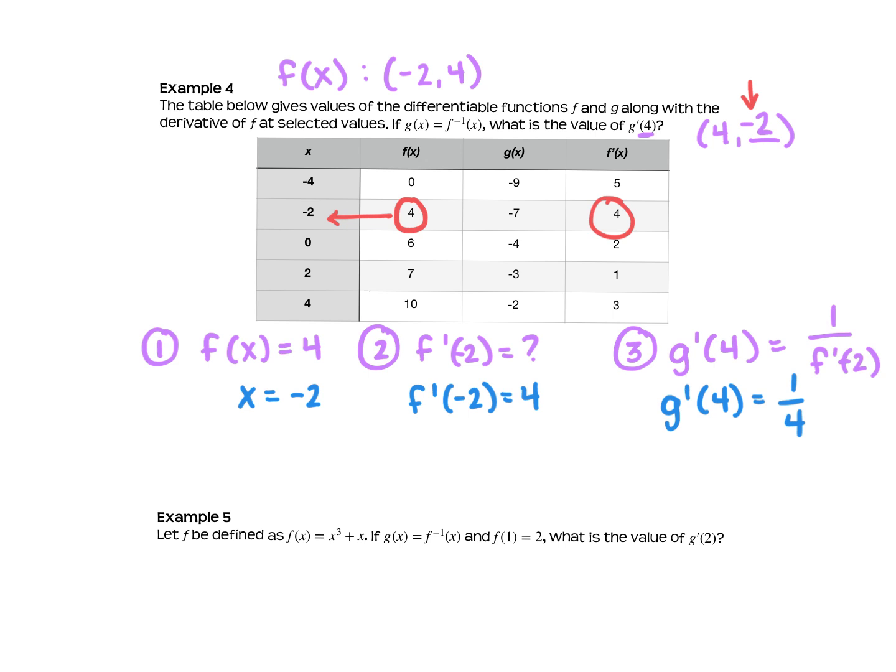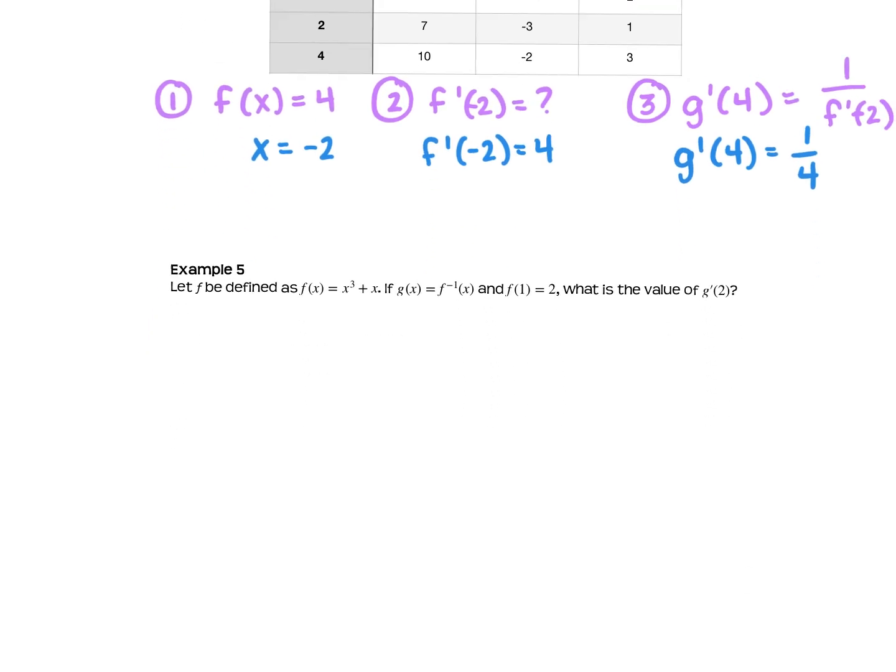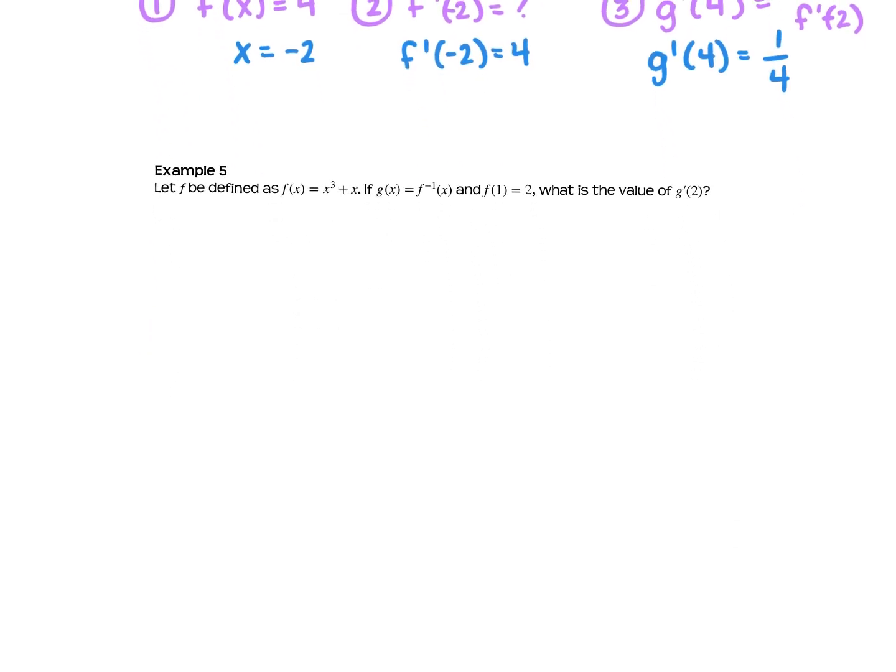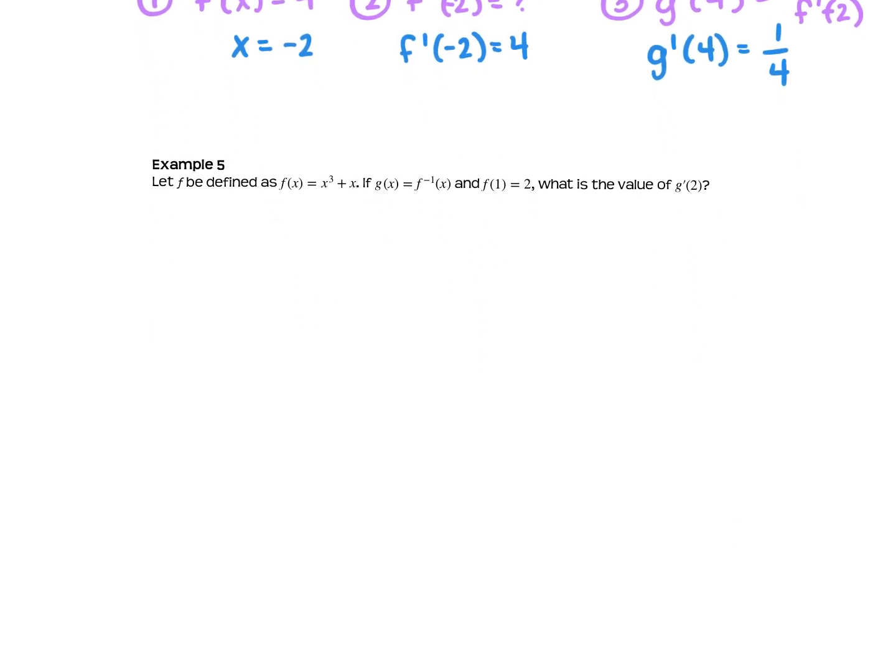Okay, one last example here, and I'm trying to decide if this is one that I have to solve again. Kind of looks like I might. Maybe not. Maybe they gave me what I need. Let's find out. We're trying to find the derivative of g at 2. And of course, once again, they didn't tell me anything about g other than the fact that it's an inverse of f.